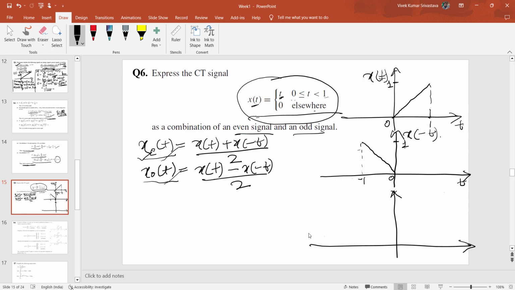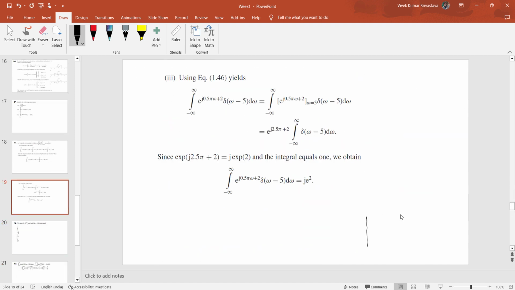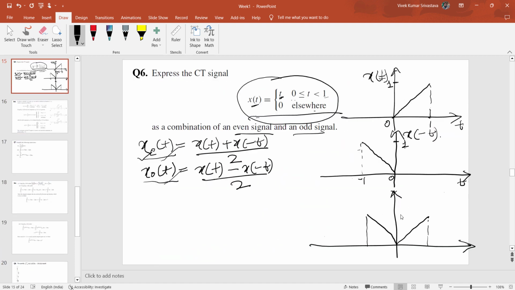So now we add these two signals, and it will start from -1 and go till 1. Now you have to divide this signal by 2. Once you divide by 2, only the amplitude will change here. So this basically represents the even part of this signal.